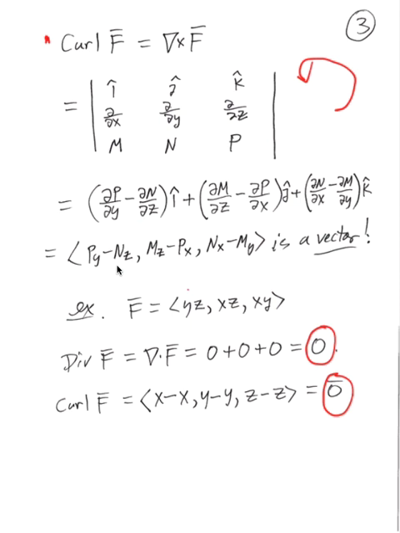The second one's maybe a little harder to see, but what would we be doing first? We're differentiating in the first one with respect to y, and then subtracting that with respect to z, and you would get z minus z.